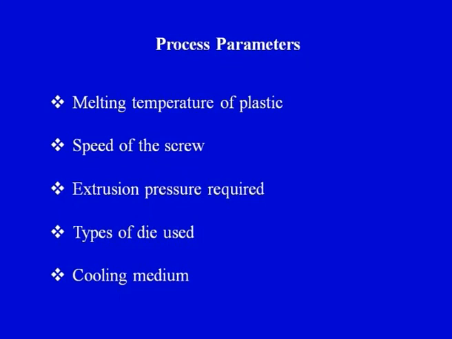So, two important process parameters are the melting temperature of the plastic and the speed of the screw. Third important point is the extrusion pressure required. I have already told that in case of extrusion, screw type extruders are very common, in which a rotating screw is used to feed the molten plastic towards the metering zone into the die, and from the die we get the final product.